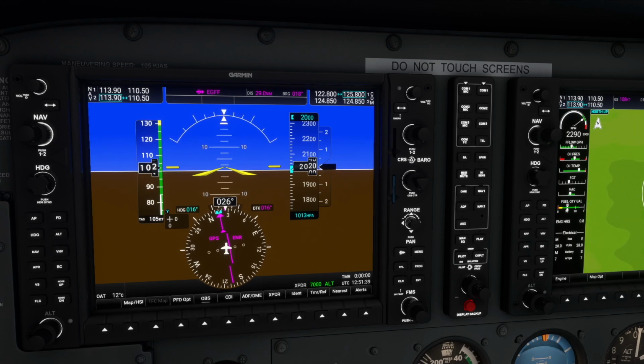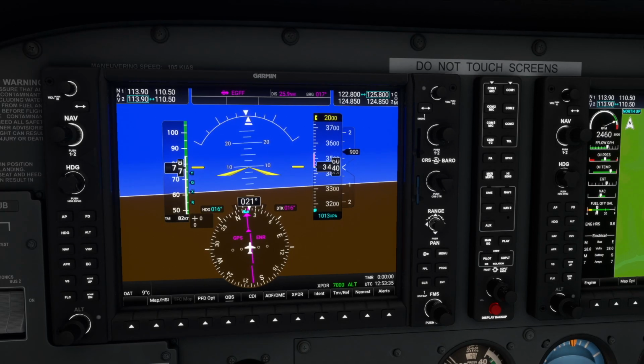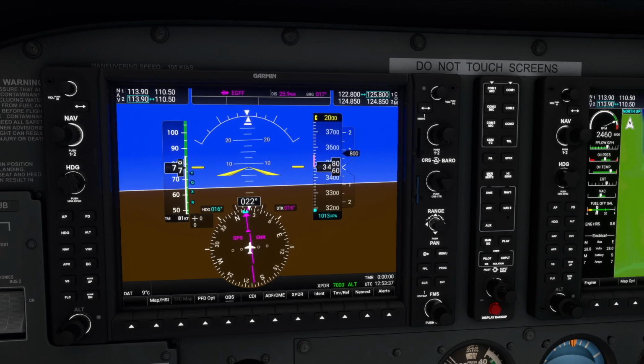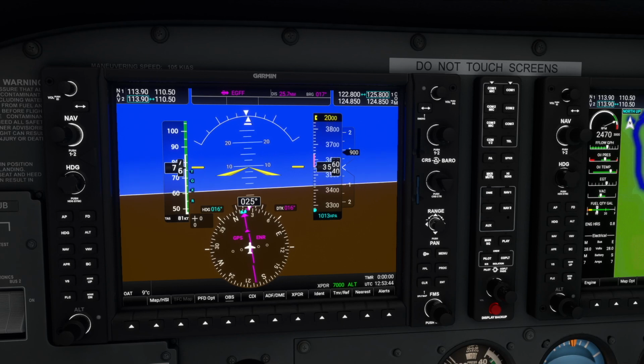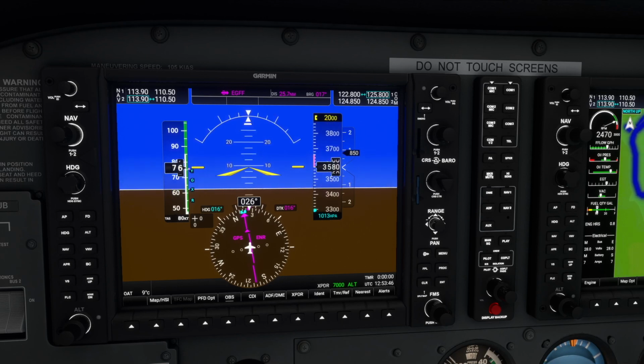For me, I know that if I set the nose just above the 7.5 degree pitch with full power, I'm going to climb at VY, the best rate of climb. So we can see that between 7.5 degrees and 10 degree pitch, we're getting about 77, 75 knots. If I go to plus 10, probably get around 75 knots.